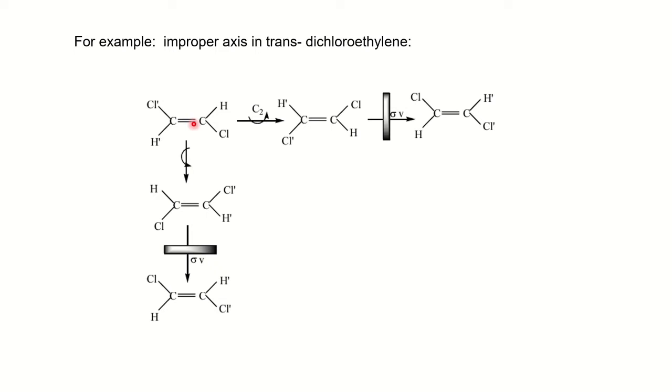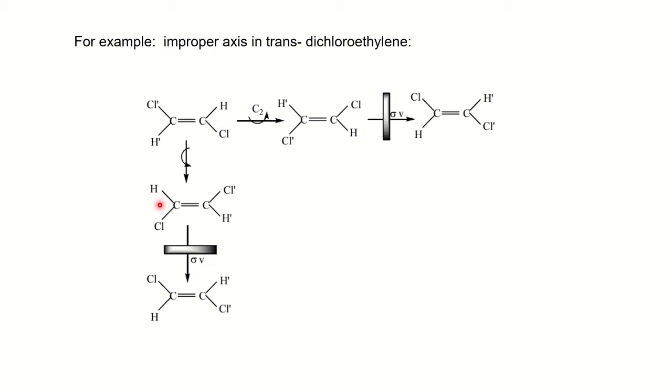Now assume the rotation axis is vertical. Then if you rotate it, the Cl will go to this place and the H will come to this place. And if we assume the rotation axis vertical, then the perpendicular will be the mirror plane. So this is a mirror plane which is perpendicular to the rotation axis.